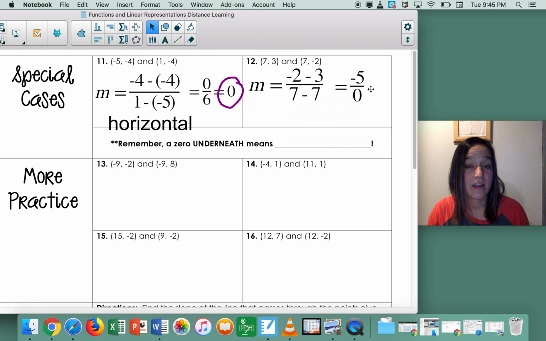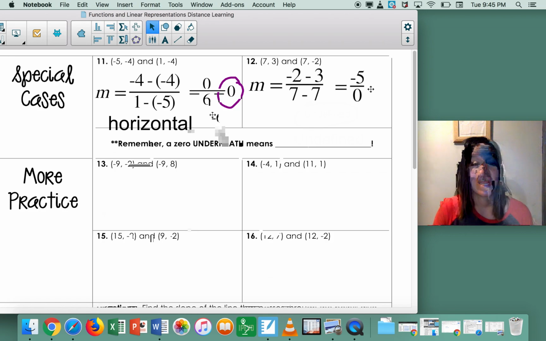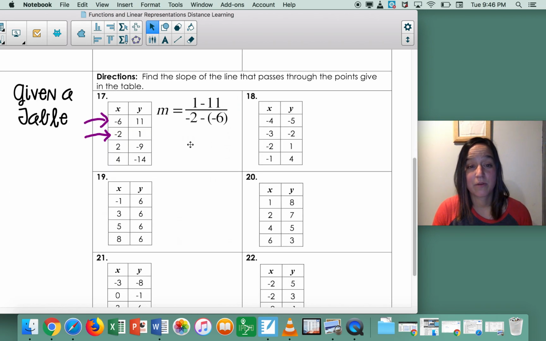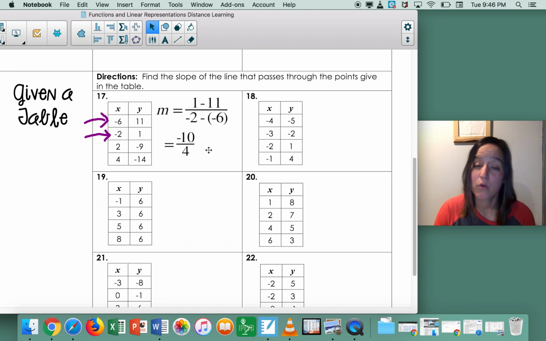All right. I've got one more thing for you. So again, we've done from a graph, we've done from 2 points. Now it's from a table. Can we find slope from a table? Slope from a table is the same thing as 2 points. The only difference is where the 2 points come from. I always just picked the first 2.